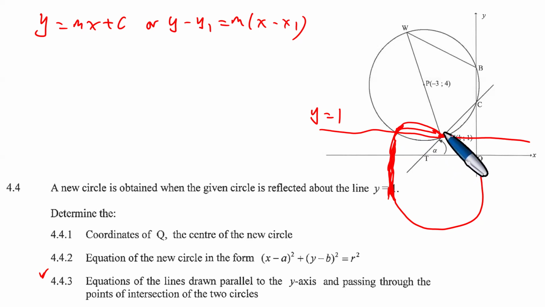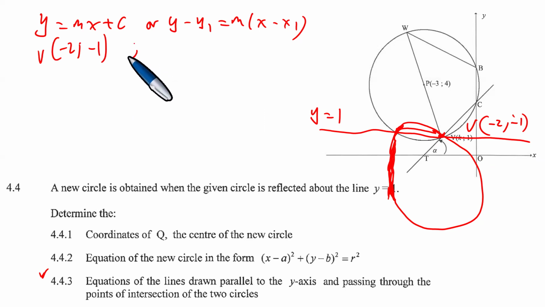The point of intersection, like the V point, we know that V has the coordinates -2, -1, but we need the other point. So what are the coordinates of the other point?